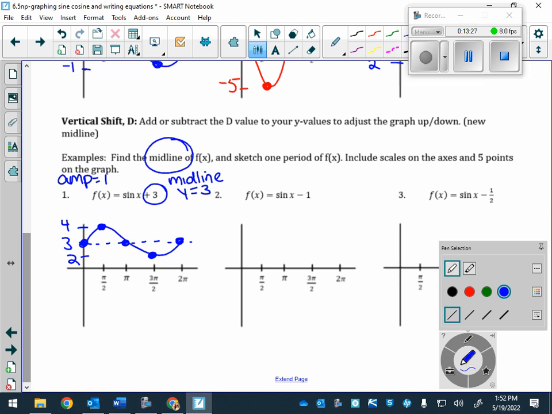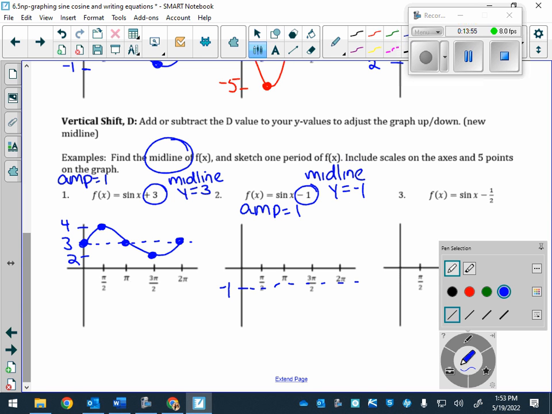For sine of x minus 1, where's our midline? Careful. Negative 1. Our midline is negative 1. What is our amplitude? Amplitude is equal to 1.